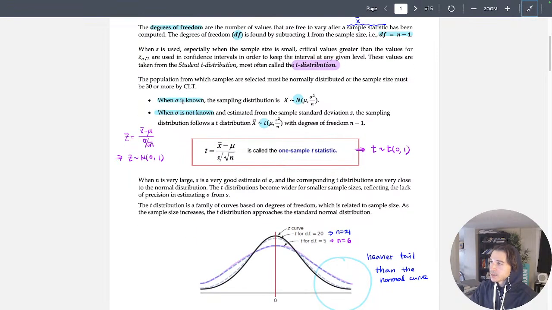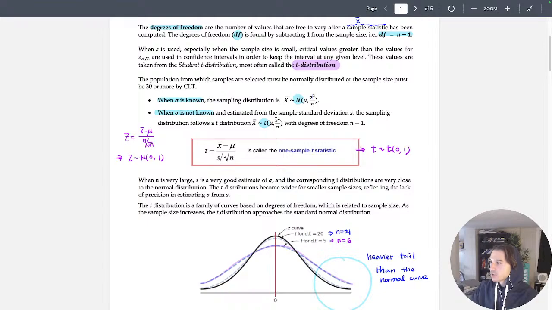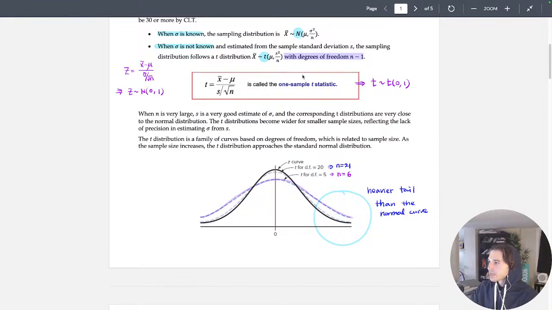So when sigma is known, you're dealing with the normal distribution. When sigma is not known, you're dealing with the t-distribution, which is pretty similar. It's just you're swapping out the population standard deviation for this sample standard deviation. And you're going to need to use the degrees of freedom to calculate some sample statistic stuff down the line.